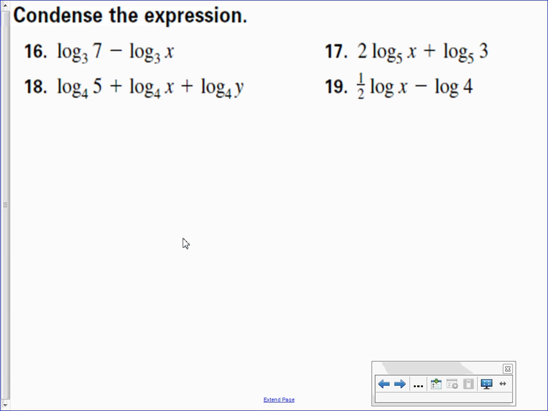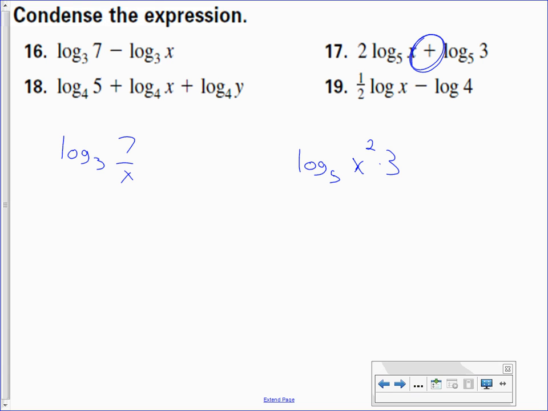All right, let's check that first one. What'd you get? Do you agree on the first one? All right. 17, what'd you get? Log 5 times 3.